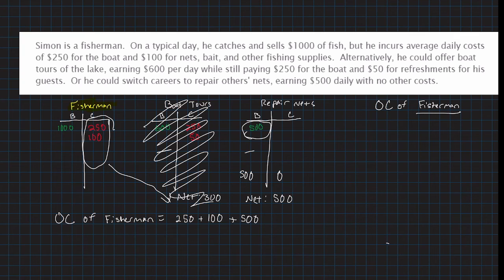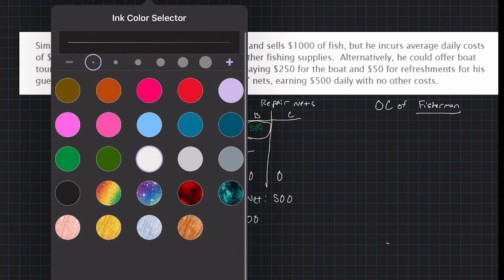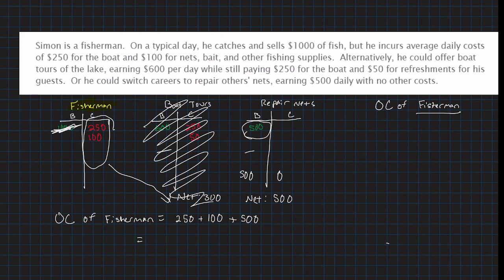And so there it is. That's everything we need. We don't take into account the direct benefit. We can ignore that. We'll deal with that later. But this is our opportunity cost, which would be $850.